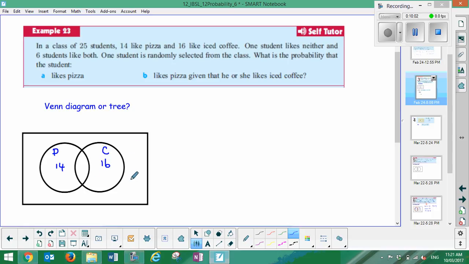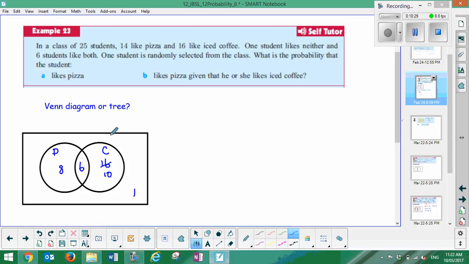One student likes neither, so we've got someone out here. 6 students like both. So if we've got 6 here, then out here we need to change. We're only going to have 8 students because there were 14 altogether. And here we don't have the 16, we've only got the 10 students. So 6 and 10 makes 16.